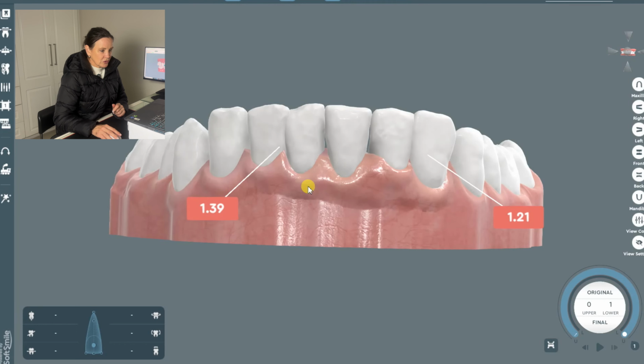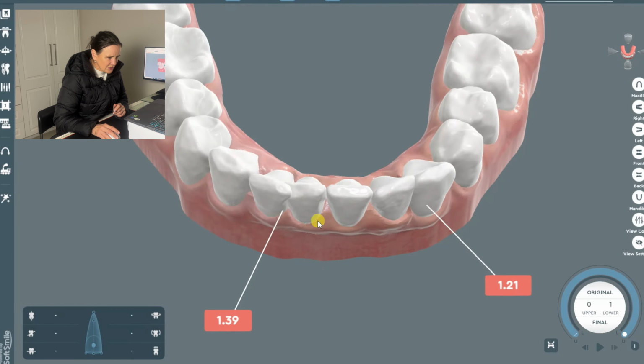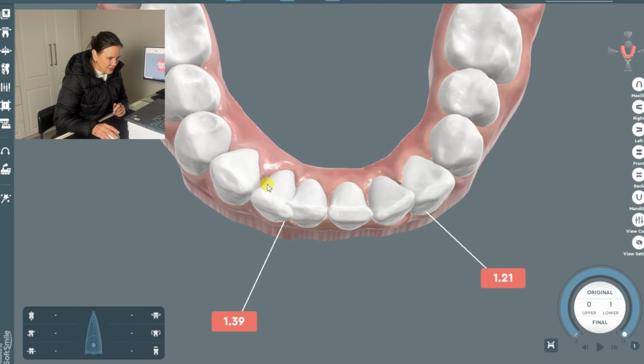The tooth is going to slide going towards that side, and it's going to open up spaces. So by stripping, removing that amount of enamel, we are creating a Bolton discrepancy. Maybe we can play with it. Maybe it can work out, but maybe not. So that would be my next choice, to go and see how much can we work with that amount. I just don't like what's going on there.